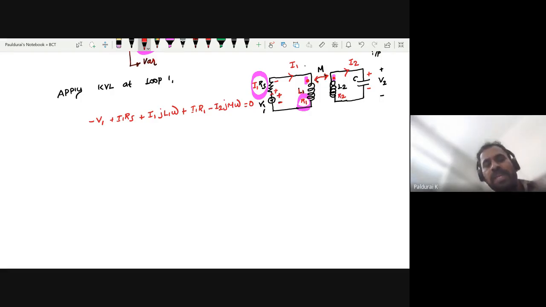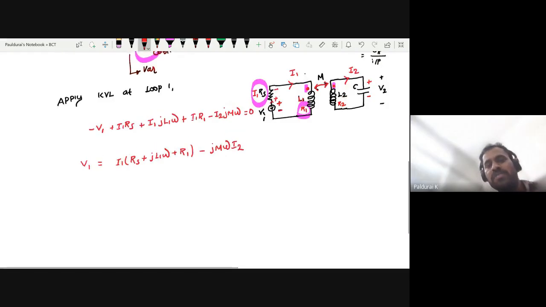So now how do we write this in mesh analysis? You want to write it in terms of I1 and I2. So this is minus V1; bring it to the right hand side, it becomes V1. So V1 equals the coefficient of I1, which is Rs plus jL1 omega plus R1, minus jM omega I2.